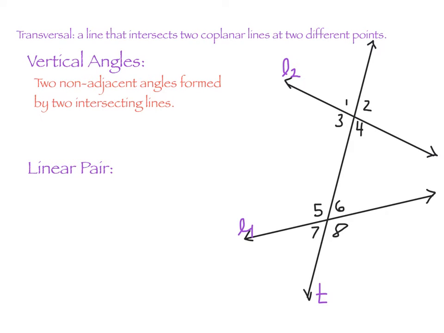You probably already have this flashcard, but vertical angles are 2 non-adjacent angles formed by 2 intersecting lines. So I have an intersecting line here and here. So I have created those vertical angles.